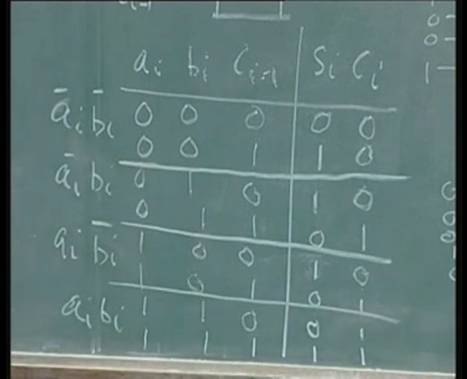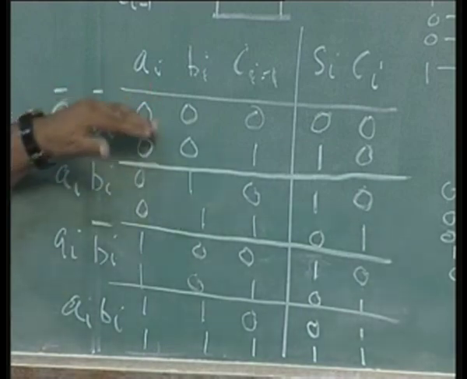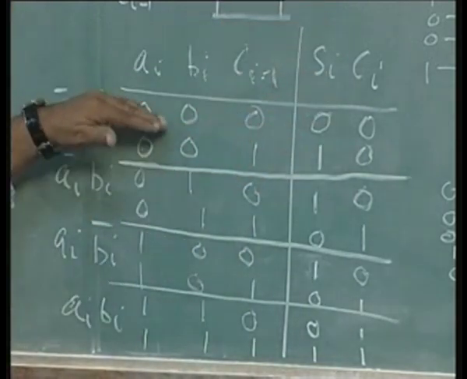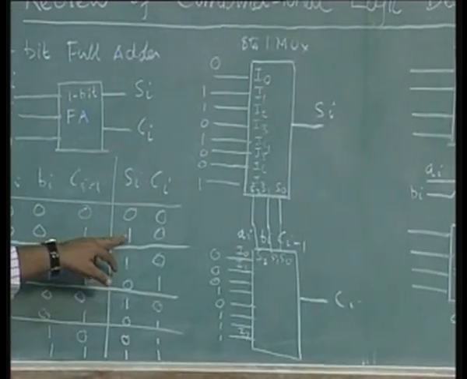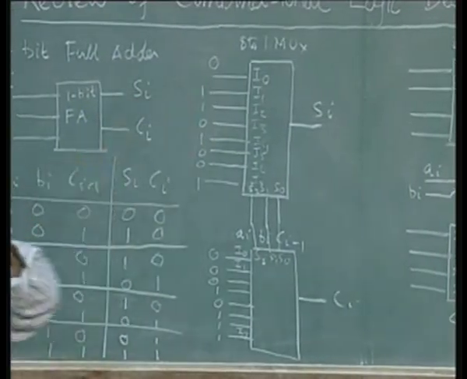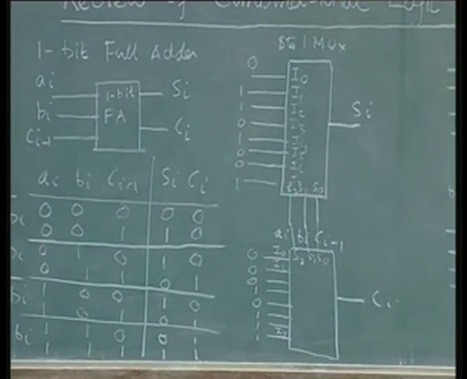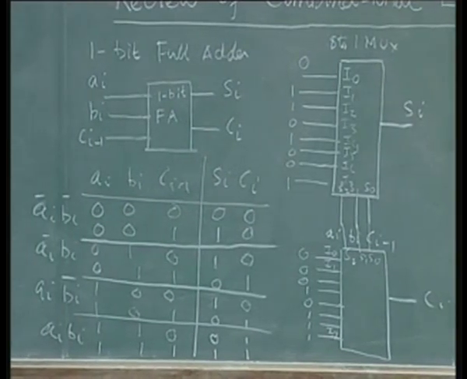Now with this, how am I going to do this? Earlier I had one row corresponding to each input. So I looked at the first row, found the input as 0, connected 0. Second row found the input to be 1, I connected 1 to that. That is easy mapping. Now you have to do a little more exercise here.